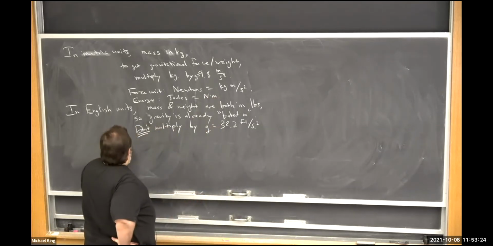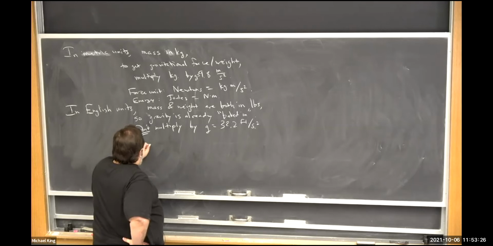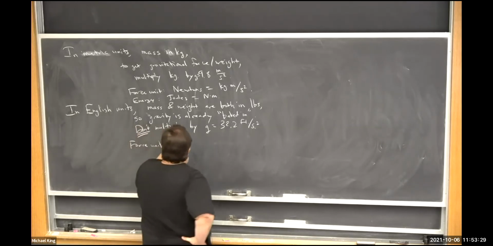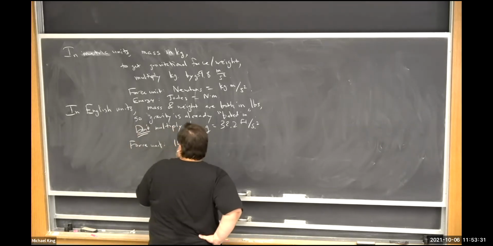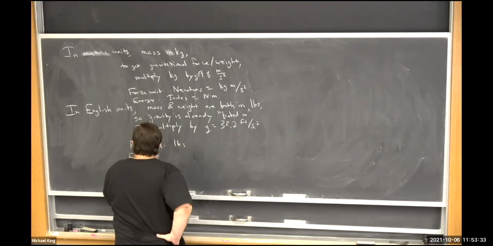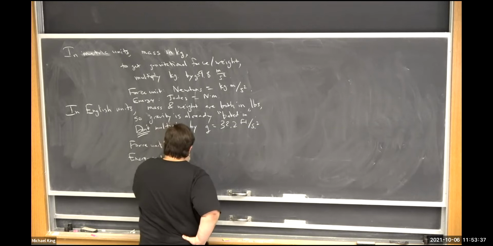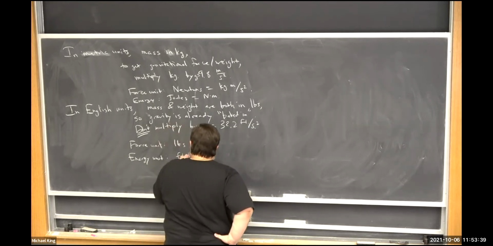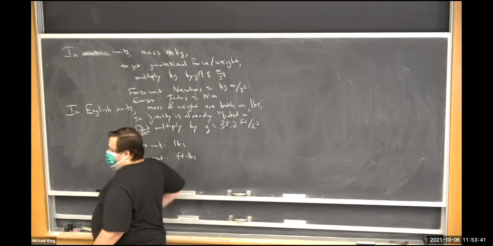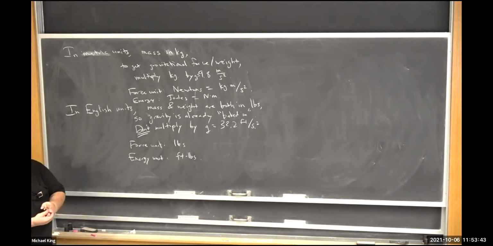But here the force unit is just pounds, and the energy unit is this stupid foot-pounds. So everything in terms of that is in terms of foot-pounds. So those are your answers for your energy. So it's kind of silly.